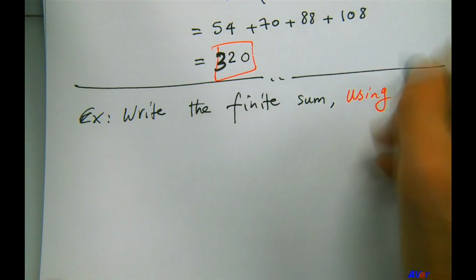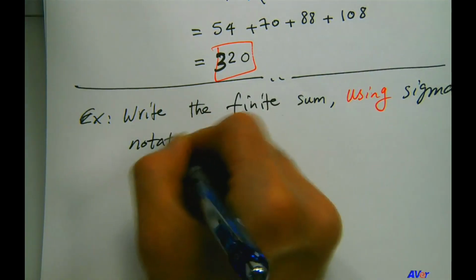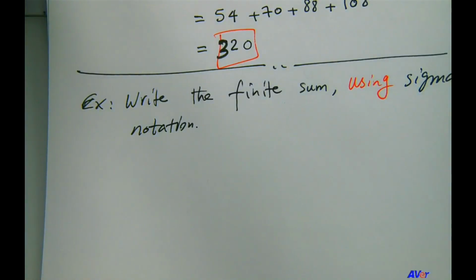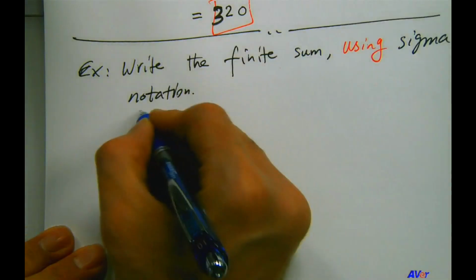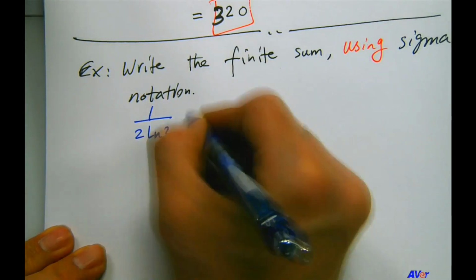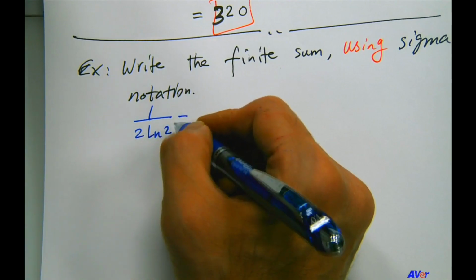Okay, and here is the sum that we have been given: 1 over 2 natural log of 2. Remember natural logs? We haven't dealt with them for a long time, right?